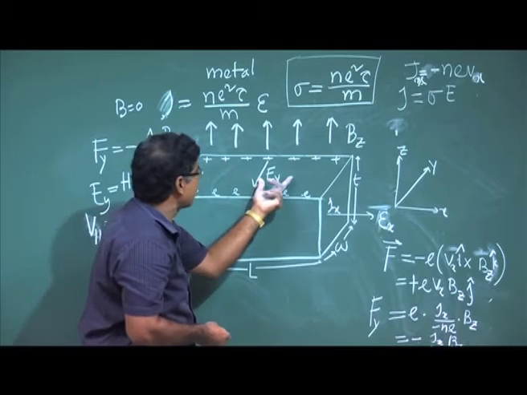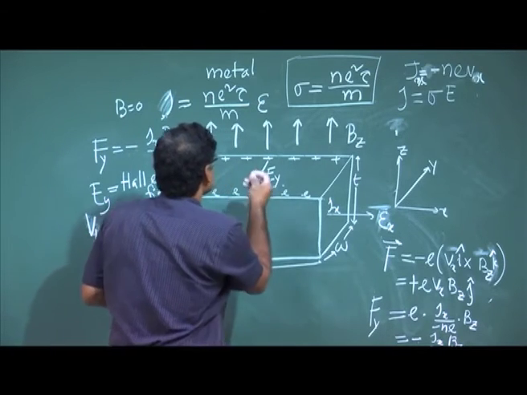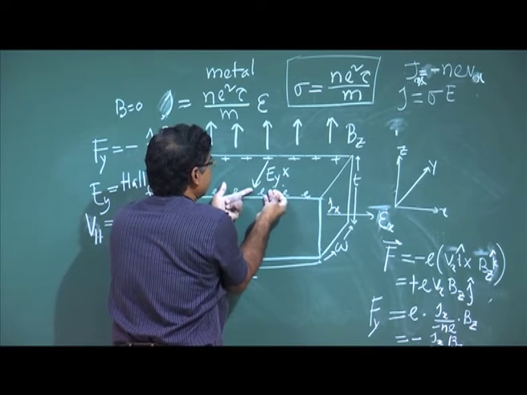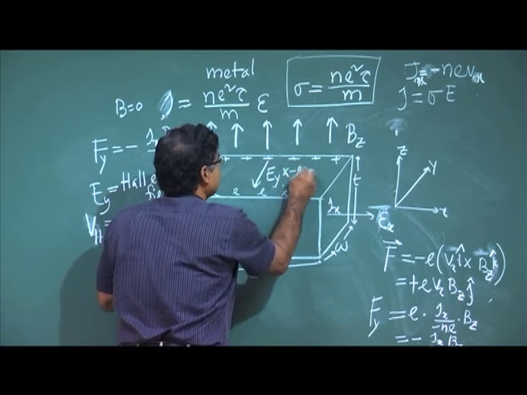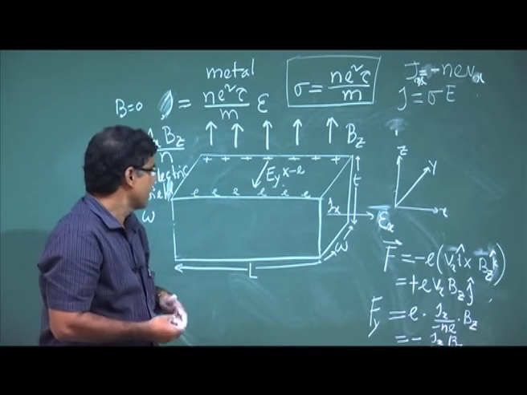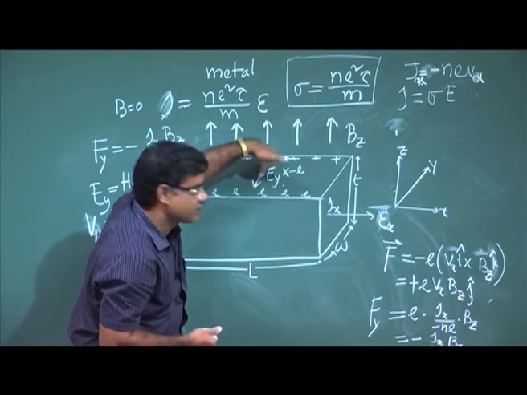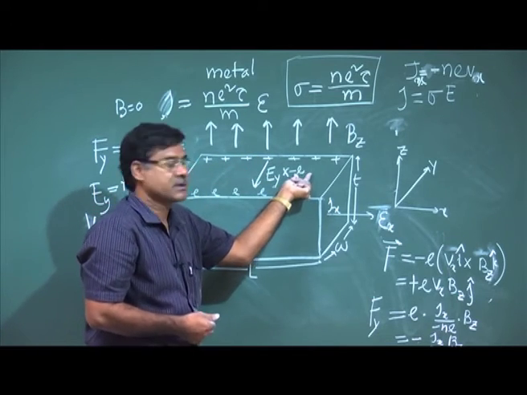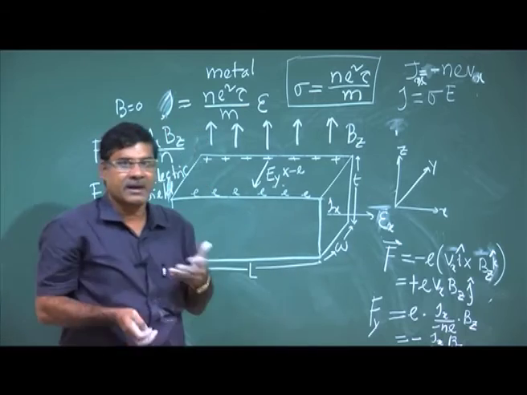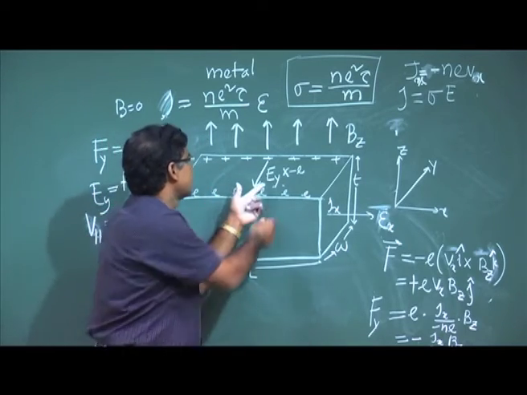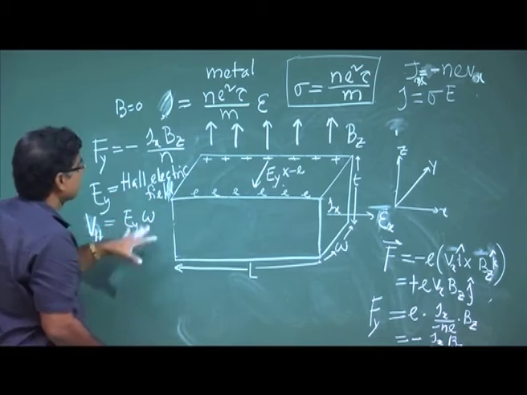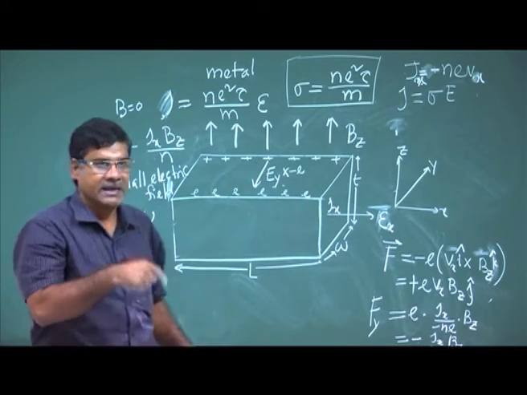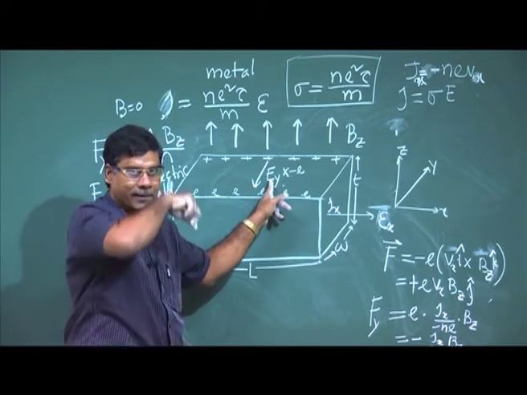So, due to this electric field, what will happen? It will act on this carrier. My carrier is minus e, negative charge, right. So, this field was in this direction, and now because of this field the electron charge will get a force. That is again Lorentz force, right, because of electric field. So, minus e into E_y, right.